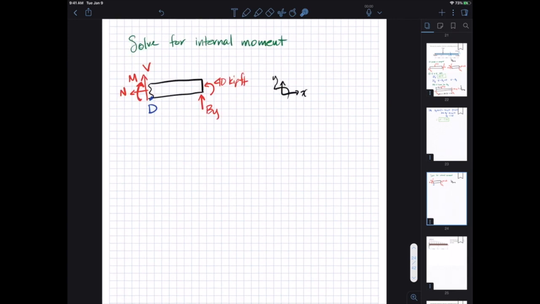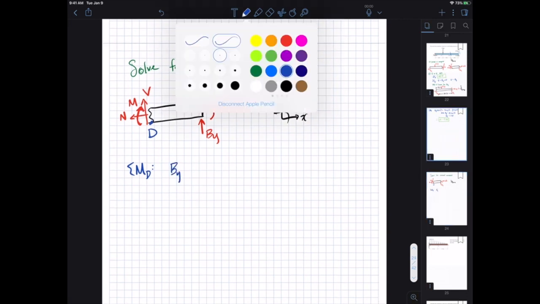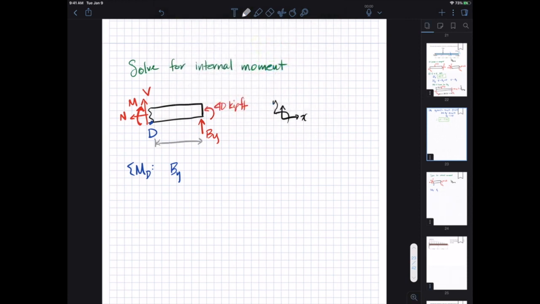So we can solve for the internal moment by just taking the moments at D. The only thing here is we have the By, right? And then this distance was 8 feet, right, from D to the end. So therefore that's our moment arm, minus M plus the external 40 kip feet equals 0. We just solved for By as 1 kip.